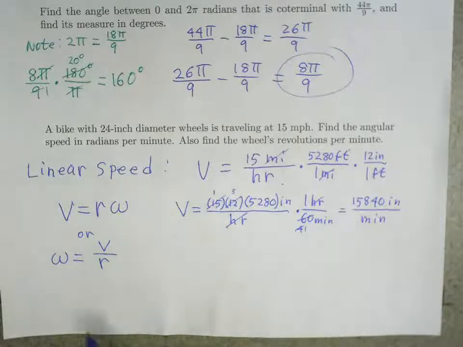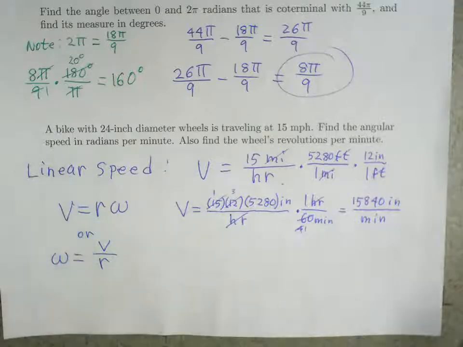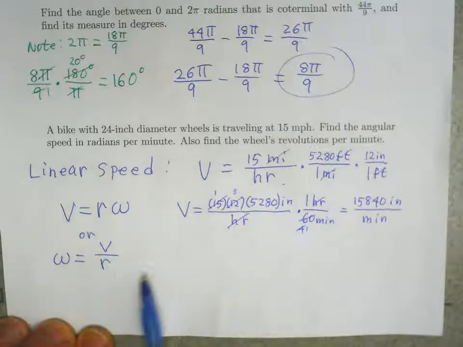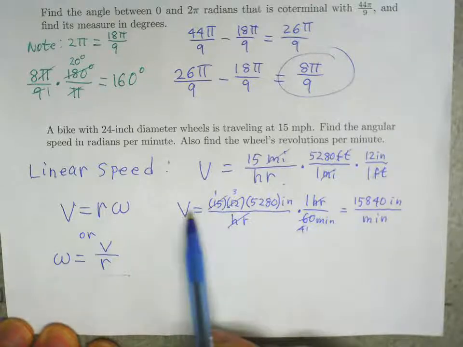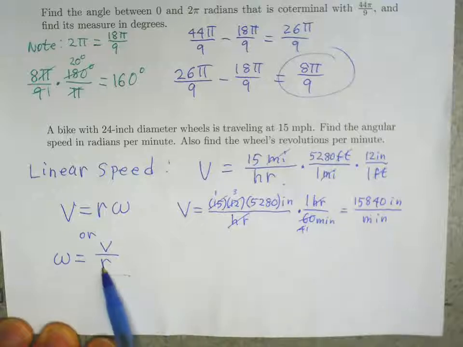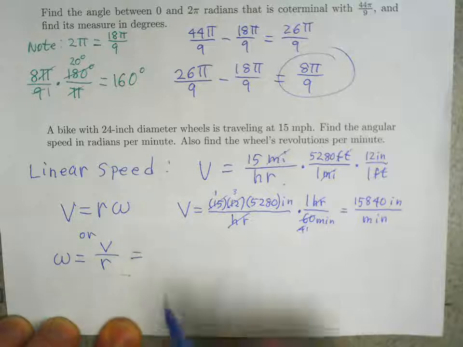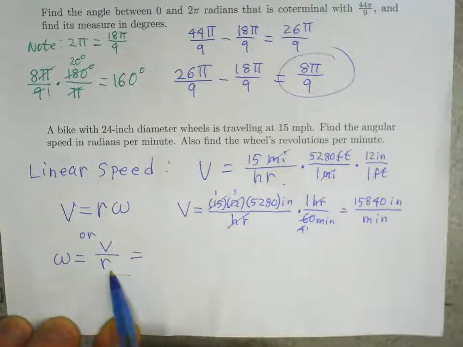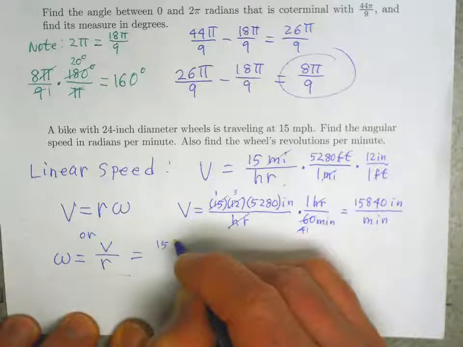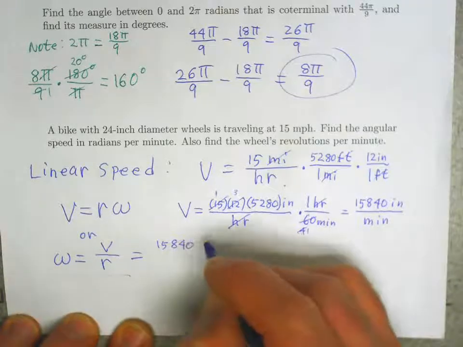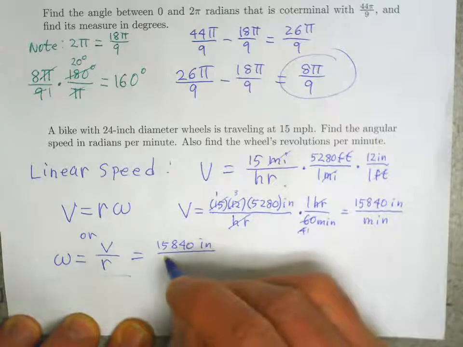And we want to find the angular speed in radians per minute. So all I have to do to get the angular speed is divide the linear speed v by the radius, which is 12 inches. Okay, so the linear speed divided by 12 inches, we get 15,840 inches per minute.